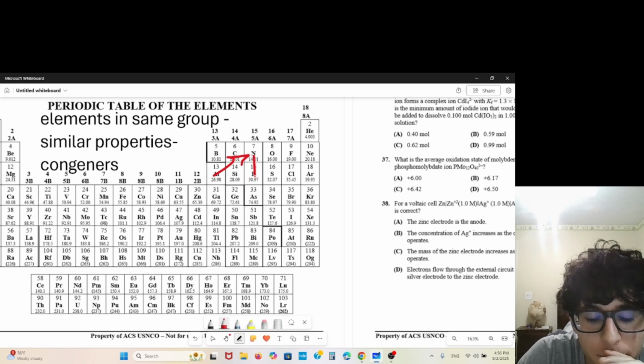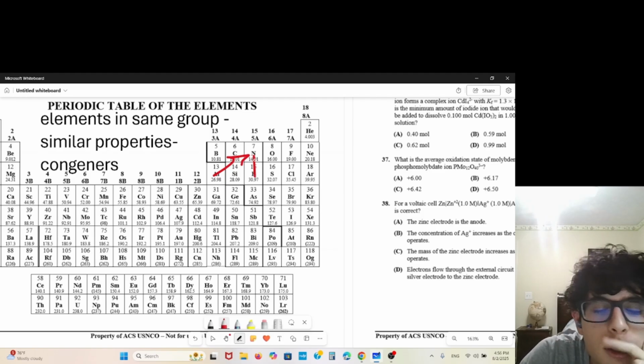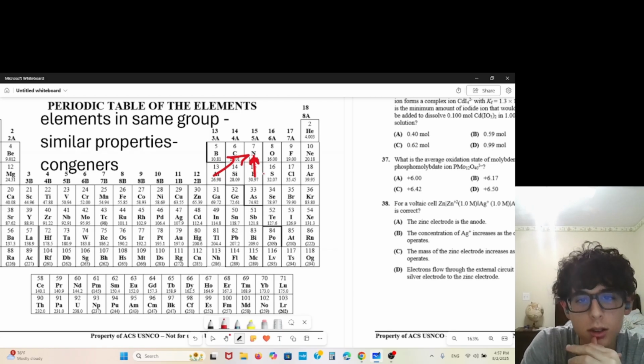Actually, wait. You're increasing the number of protons, but the size is increasing, so it's going to decrease. Sure, there are more protons, but I don't think they're going to be too far apart.